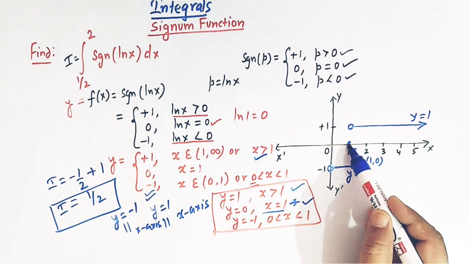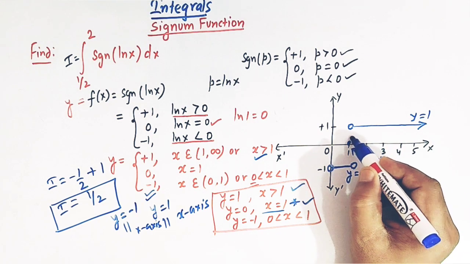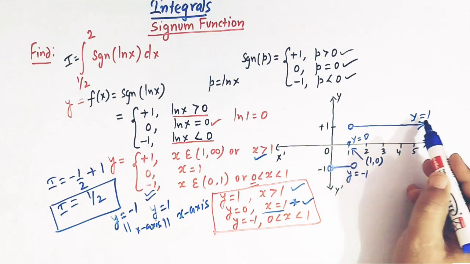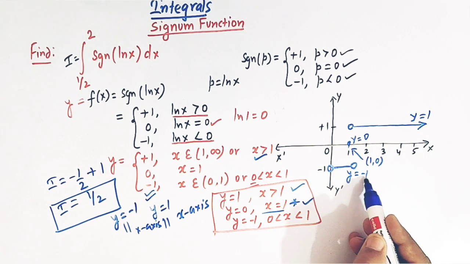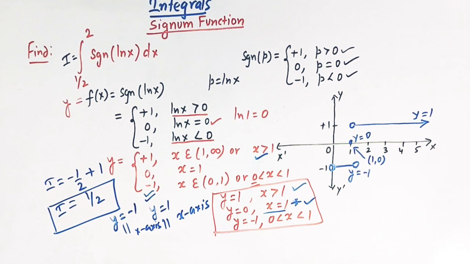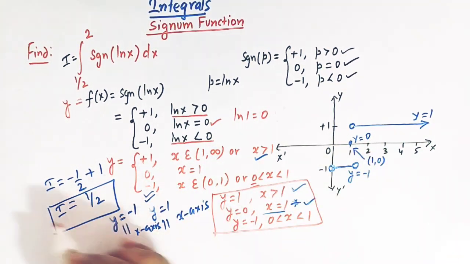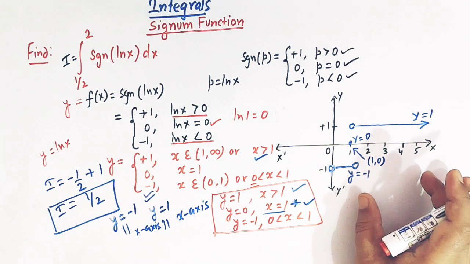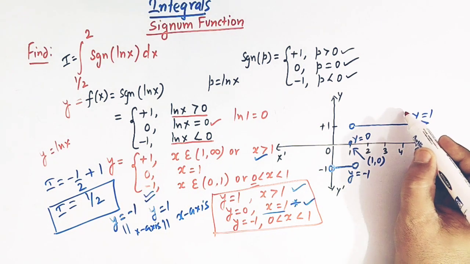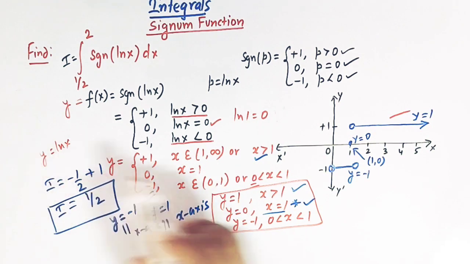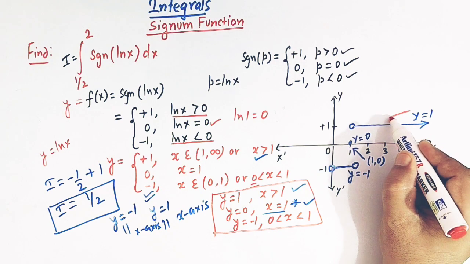So here we have y is equal to 0, and here this line is y is equal to 1, this is y is equal to -1, right? And moreover, if we wish to draw the graph of y is equal to log of x in this graph, then we can draw it like this, right? So the graph of log x is like this.